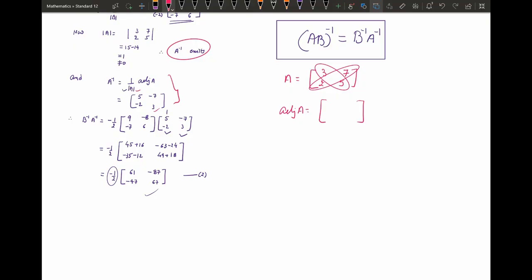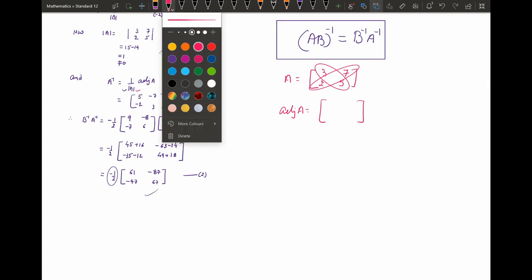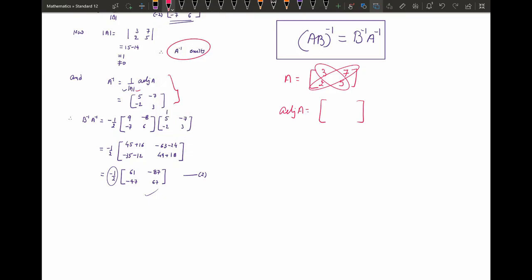Now this is the multiplication of B inverse into A inverse. So first this is B inverse, and this is A inverse.